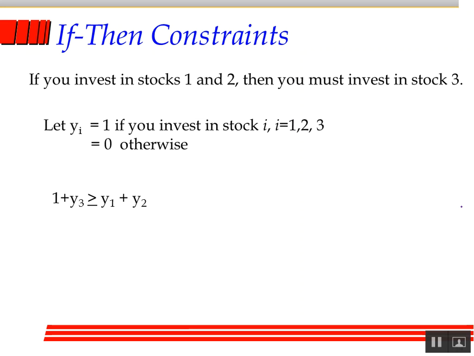Now look here: if y1, y2 is 1, 1, then this is 2, so 1 plus y3 larger than or equal to 2 means y3 has to be 1 as well. And that's what we want. If y1, y2, both of them are 1, then y3 has to be 1 too.